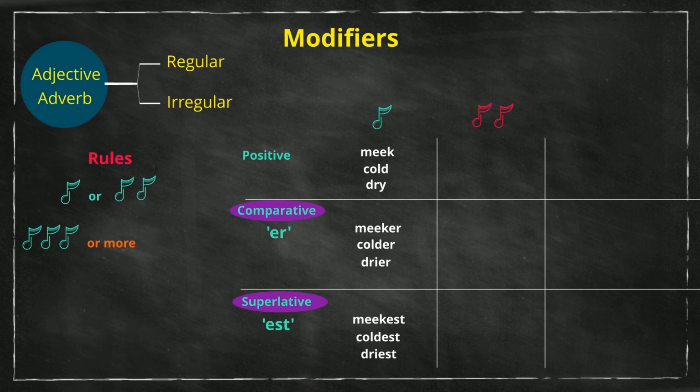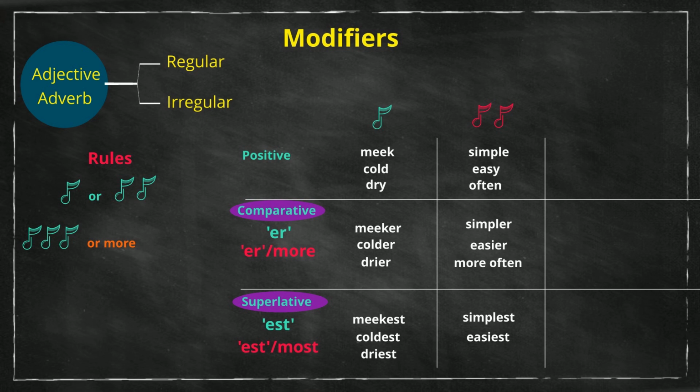Most 2-syllable modifiers form the comparative degree by adding ER or using more, and form the superlative degree by adding EST or using most. For example, simple, simpler, simplest. Easy, easier, easiest. Often, more often or most often.